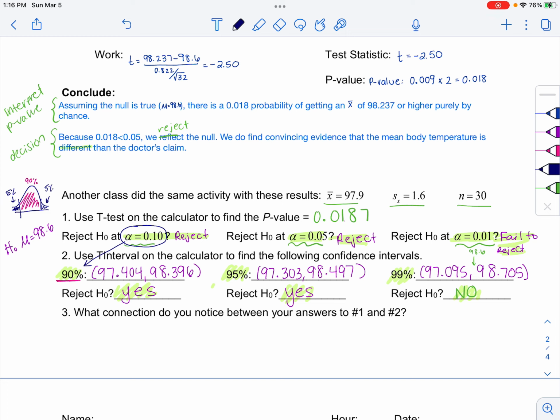And it's going to be the same with all of these, right? 95%, you've got 5% left over for the tails. 99%, you have 1% left over for the tails.